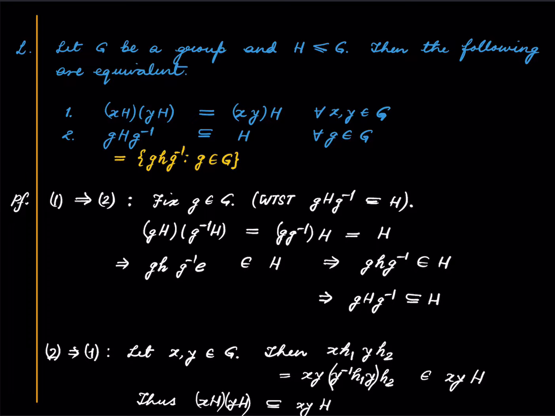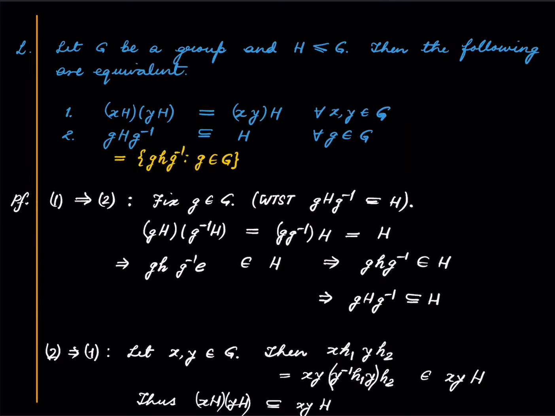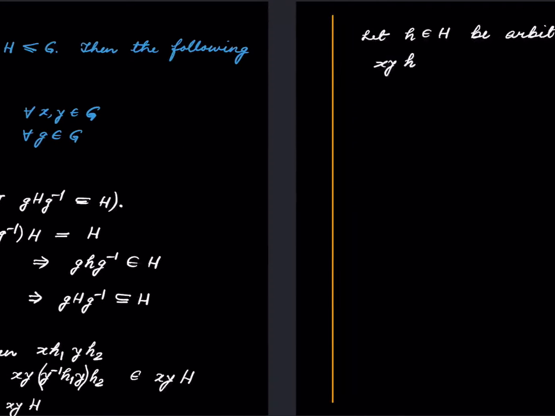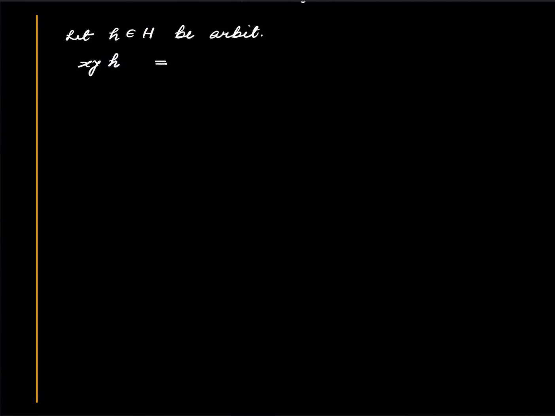So we need to do the reverse containment. So for the reverse containment, let h and h be arbitrary. So then what we want to show is that this guy is in this set. But this guy is equal to XEYH, which is in XHYH.